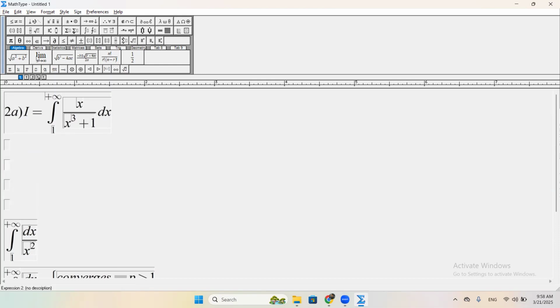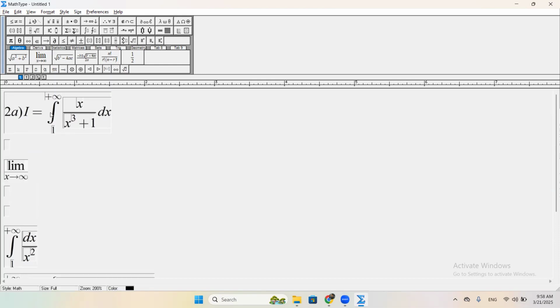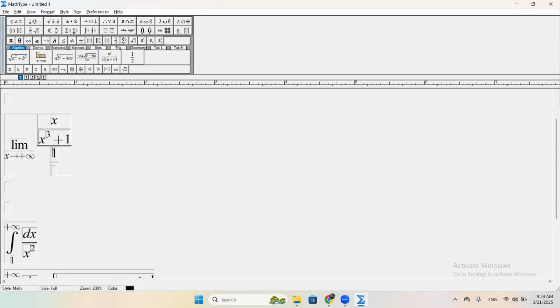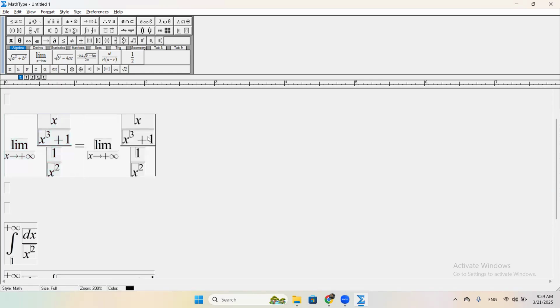How to compare? We will calculate the following limit of the fraction of these functions, as x approaches plus infinity, with 1 over x squared. Let's rewrite it. x cubed plus 1 goes here, and x cubed in the numerator.